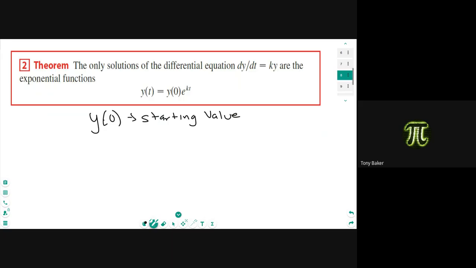Compounding interest and things like that follow these same rules. And k is your constant of change. That's the one we're going to have to calculate, given the information.